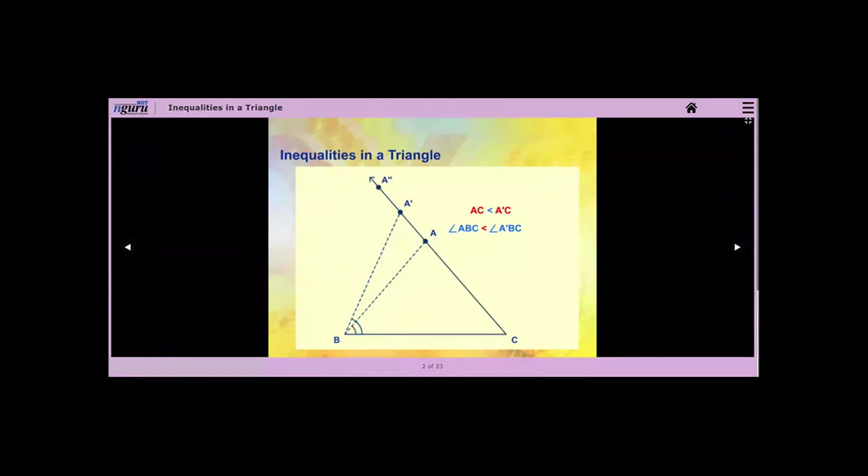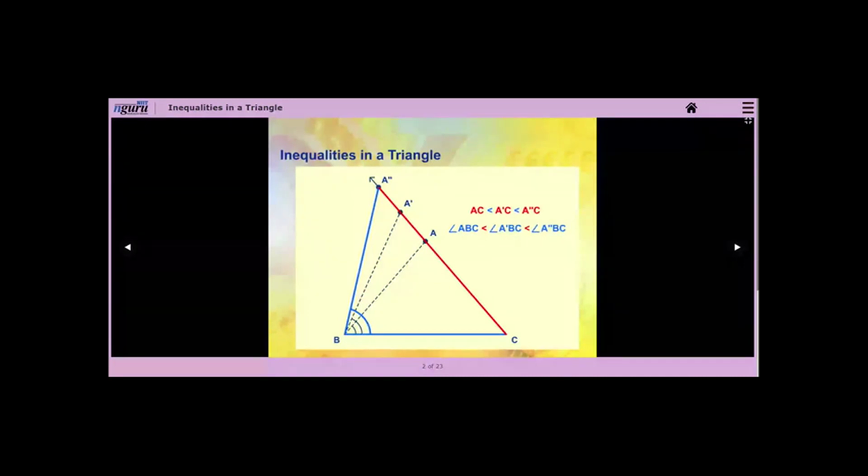Produce CA dash to A double dash and join A double dash B. A dash C is less than A double dash C. What do you observe about angle A double dash BC and angle A dash BC? Angle A dash BC is less than angle A double dash BC.